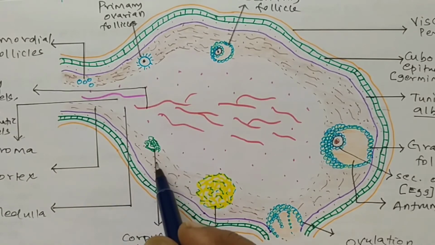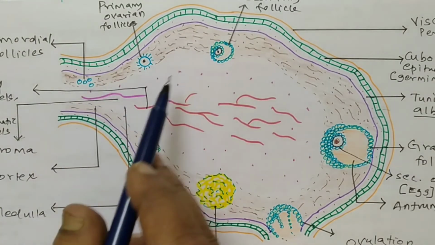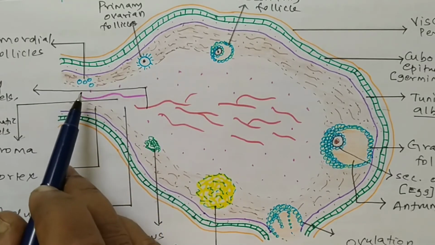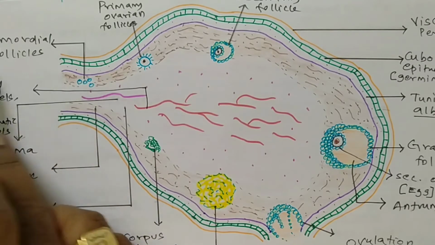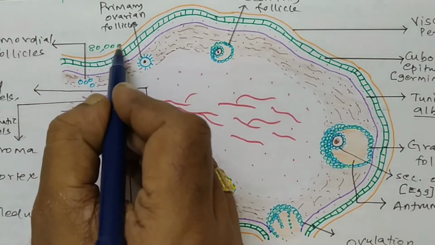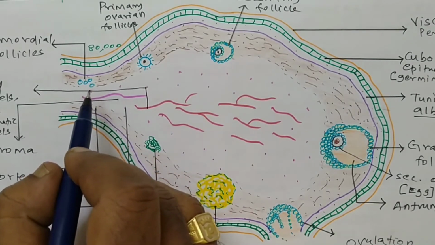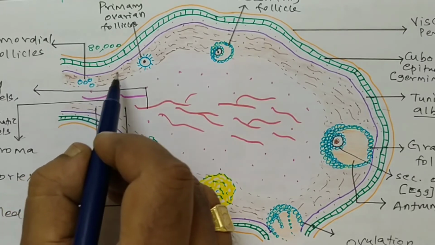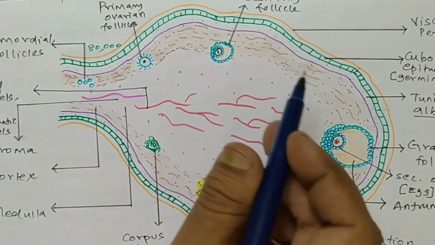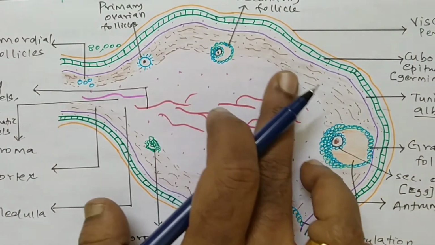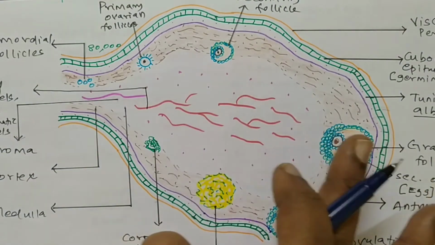In the female infant at the time of birth, the ovary has a lot of follicles. The small dots I mentioned are follicles. Approximately 80,000 follicles are present in a female infant at the time of birth. But slowly, when the female child reaches maturation, at the time of puberty, most of the follicle cells degenerate.